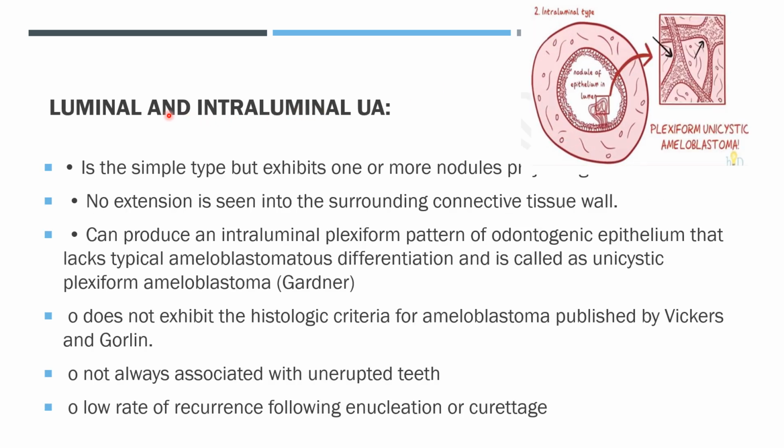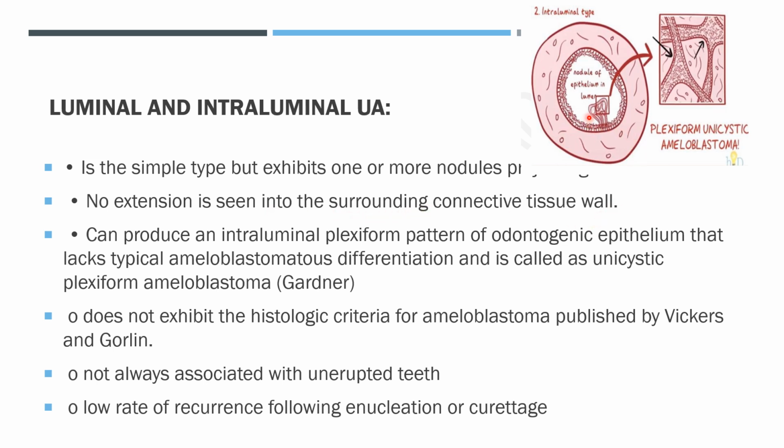Coming to the next, luminal and intraluminal unicystic ameloblastoma is the simple type but exhibits one or more nodules. No extension is seen into the surrounding connective tissue wall.